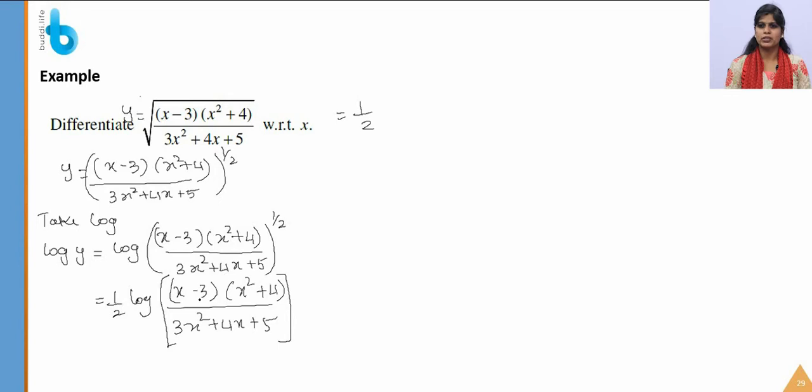You know log a by b is log a minus log b, that is log of the numerator minus log of the denominator. And in the numerator we have the product of two terms, which I can write as a sum of two terms. So I can write log (x minus 3) plus log (x square plus 4) minus log (3x square plus 4x plus 5).